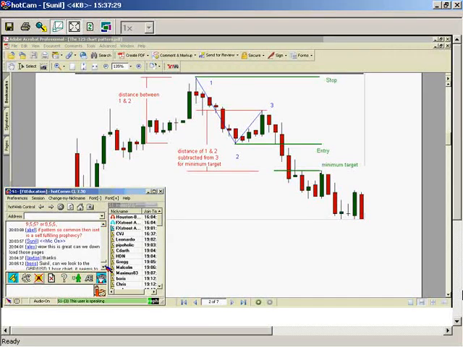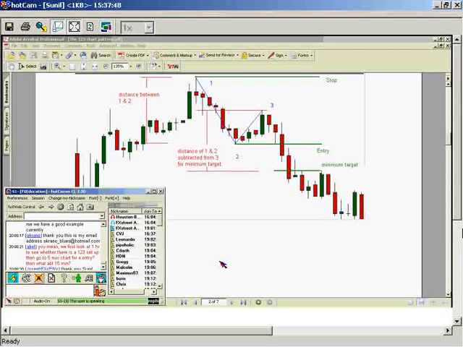But Abel, coming down to a very important point, isn't it a self-fulfilling prophecy? Of course it is. Now, coming back to my point, what drives price? You and me. Let's say in this entire world there are just 10 traders trading the currency markets, and 2 of them are real professionals who follow the 1, 2, 3 patterns. Isn't it logical that the other 8 look at them and say, they are making money, so they are doing something good, let me follow them?